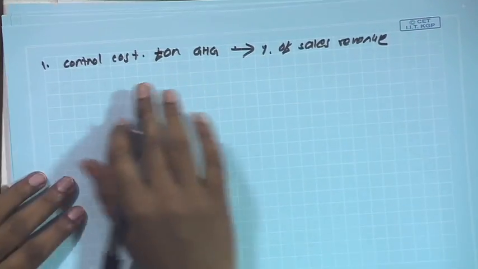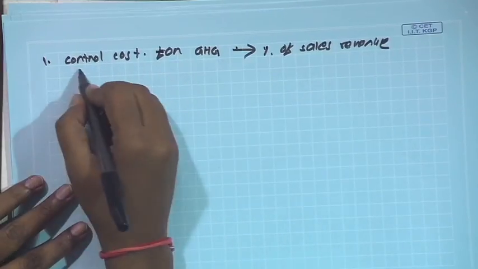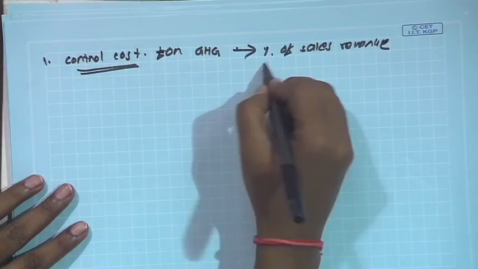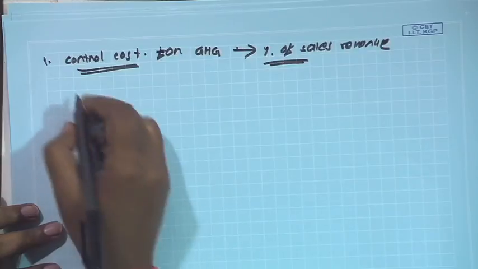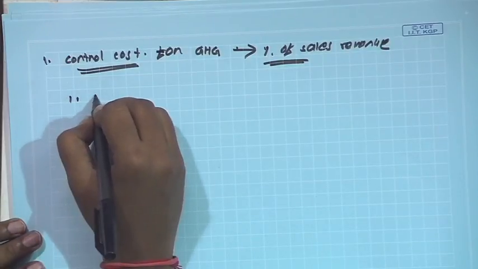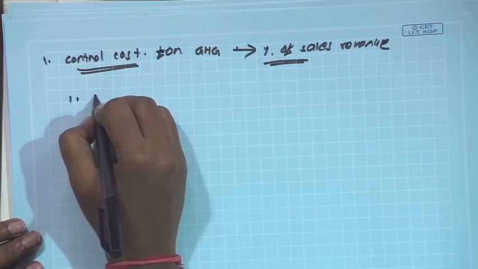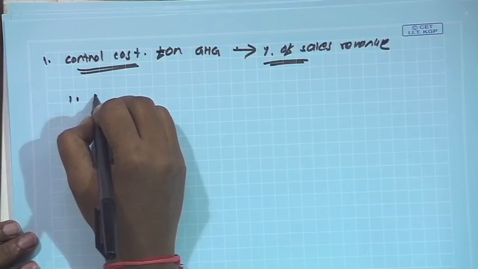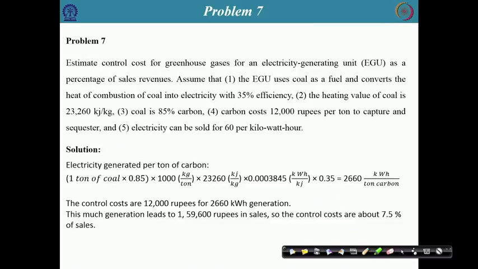Please notice that here we have to determine control cost in terms of percentage revenue, and the first assumption is that the EGU uses coal as fuel and converts the heat of combustion with an efficiency of 35%.